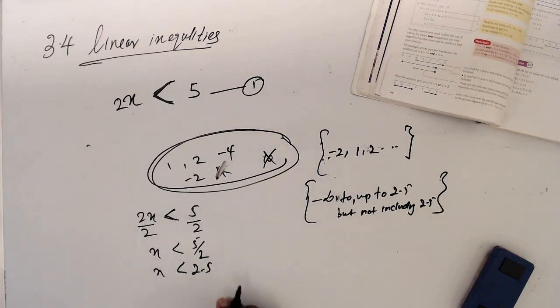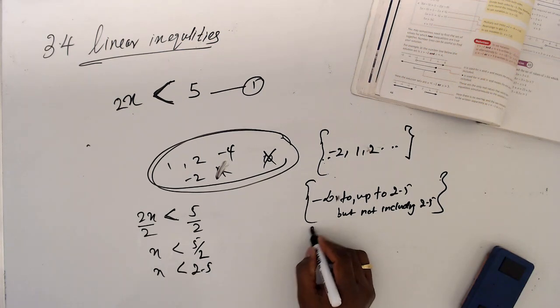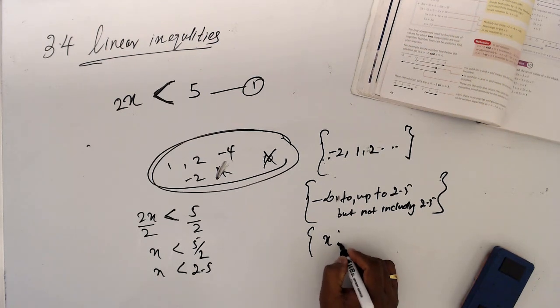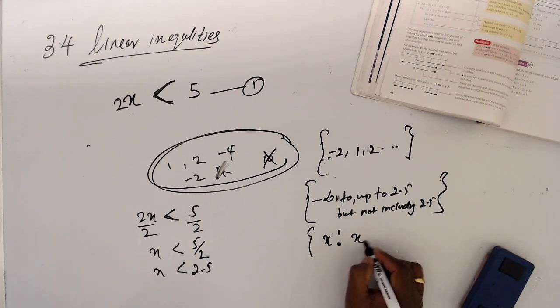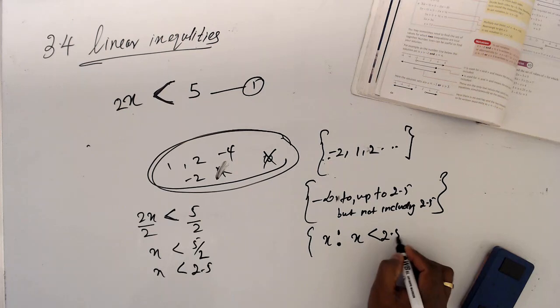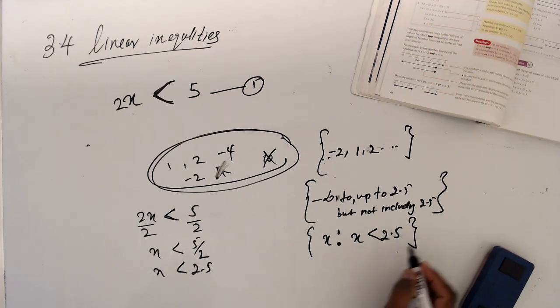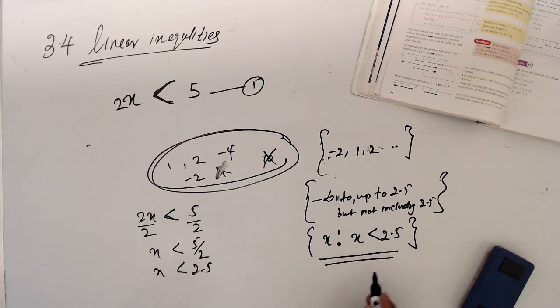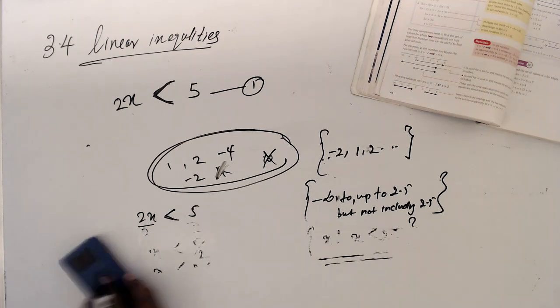So this was the answer. Or I can simply write x is less than 2.5. All these values satisfy this inequality. Another one.